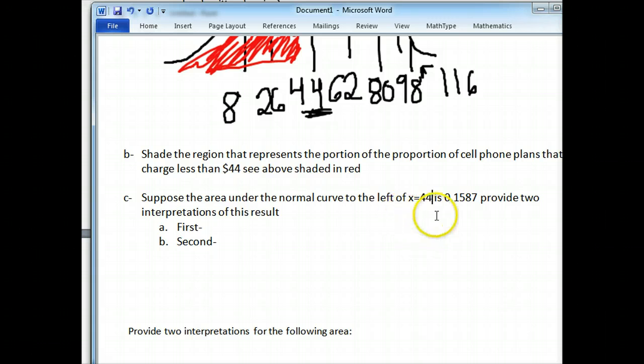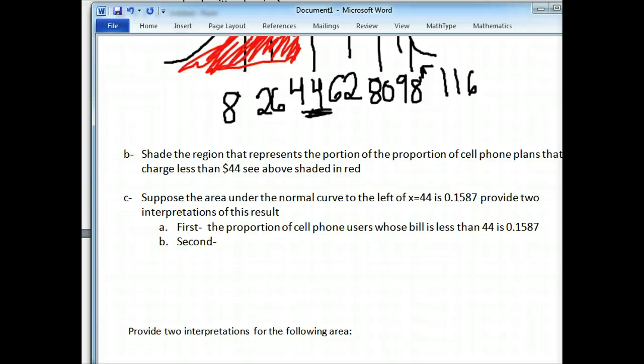The area under the curve to the left of x equals 44 is 0.1587. The first thing I could say is the proportion of cell phone users whose bill is less than 44 is 0.1587. That's what that means.